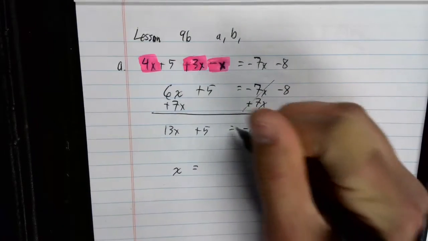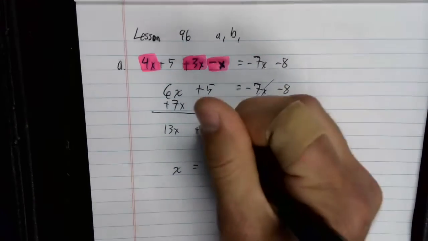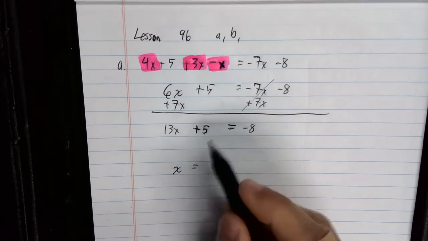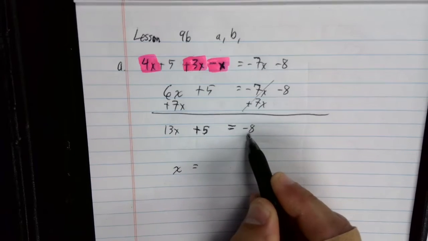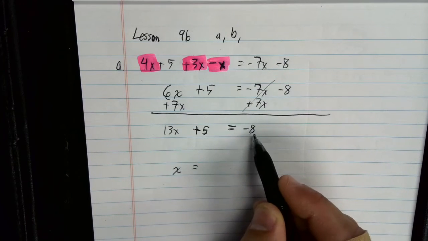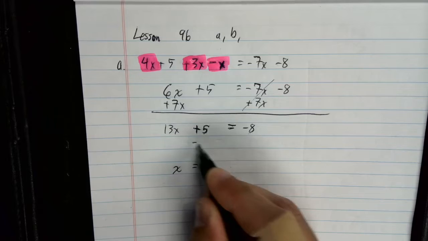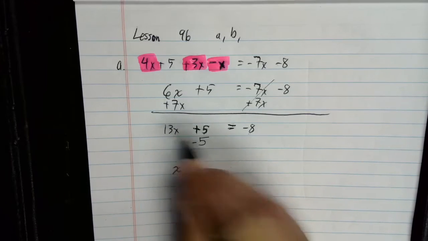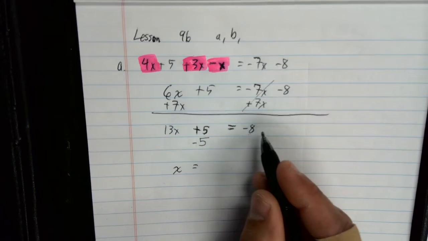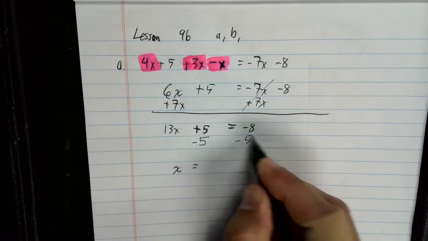negative 8, okay? Now, the same type of deal. I've got to combine like terms on opposite sides again, but since they don't have an x or variable, they're called constants. But I do the same thing. To move it to the opposite side, I'm going to use the opposite operation. So I want to move the 5 here. I don't want to move the 13x because that would just be counterproductive. So I've got to do it on both sides.